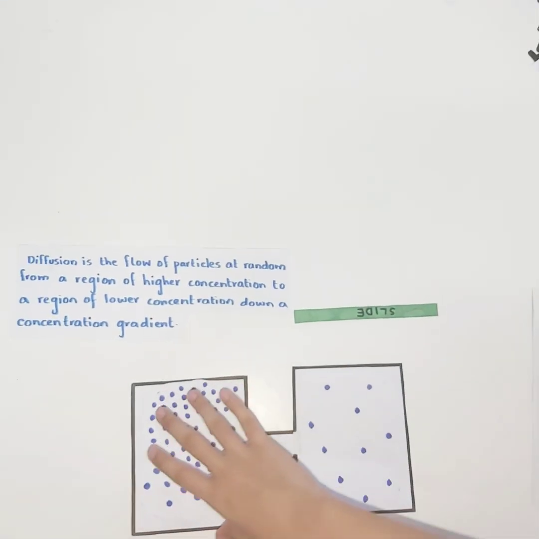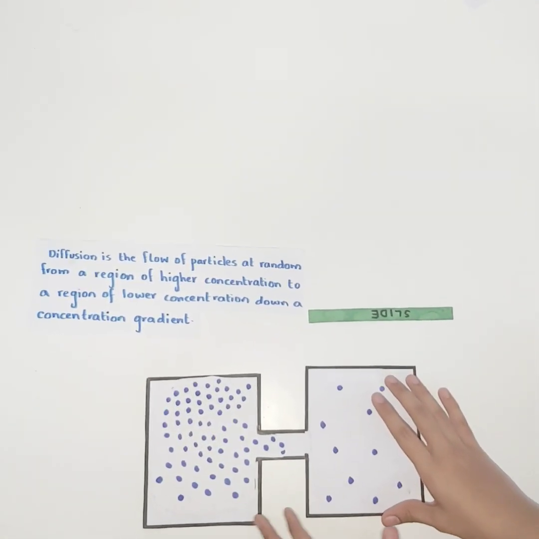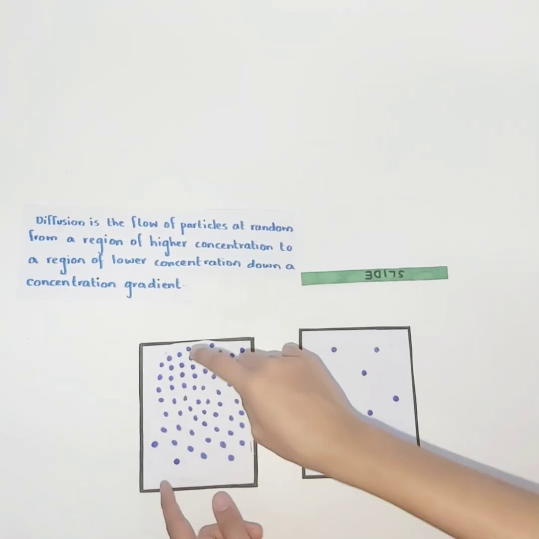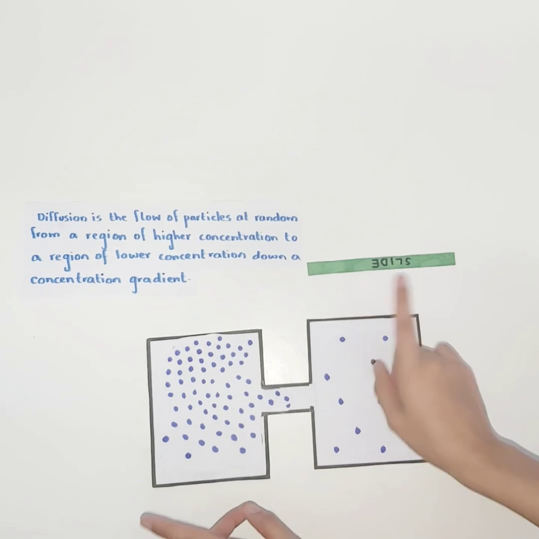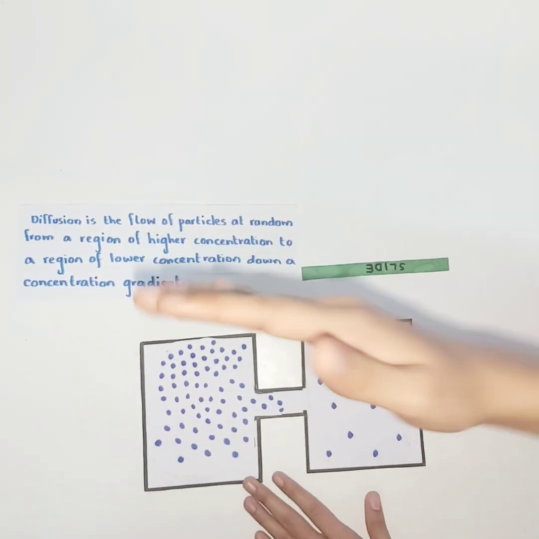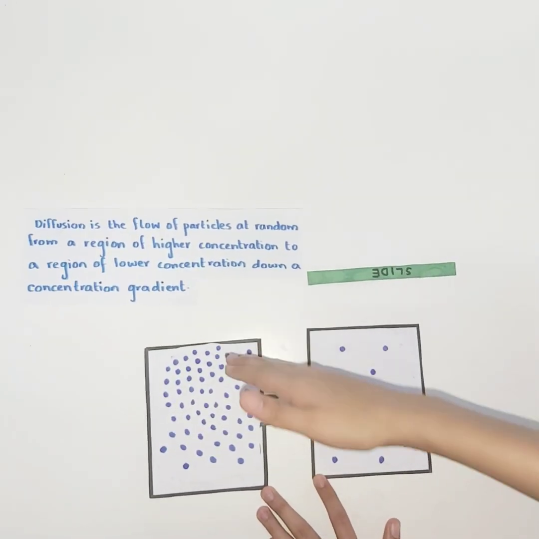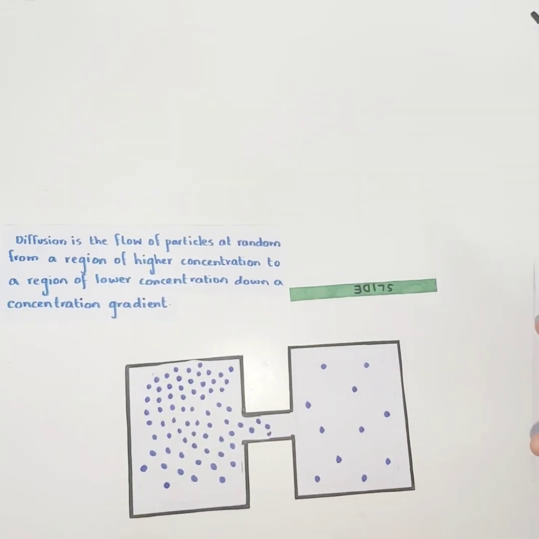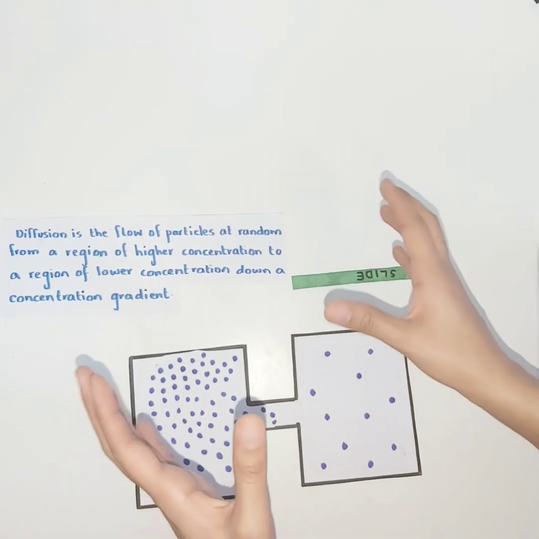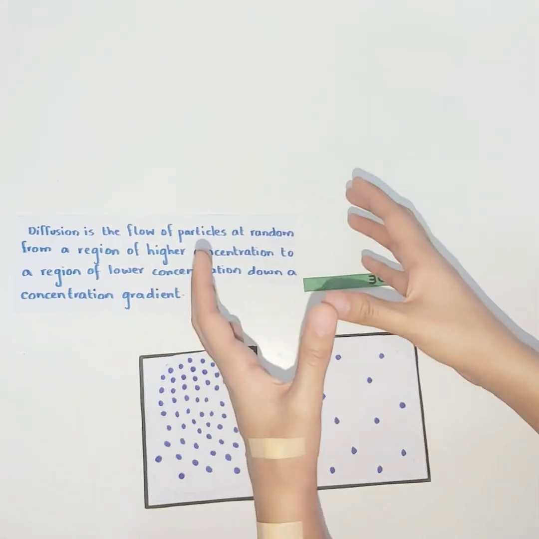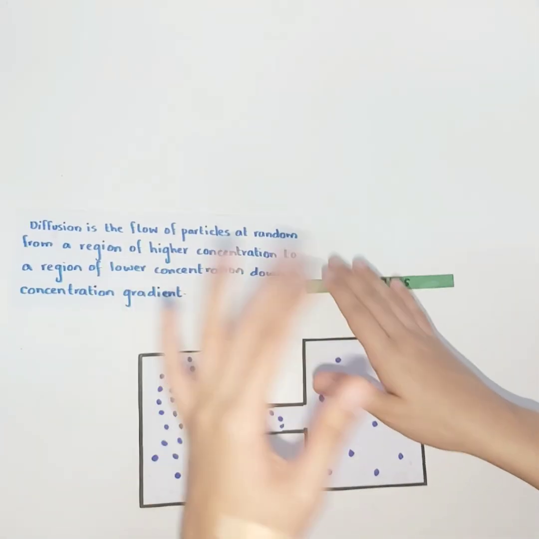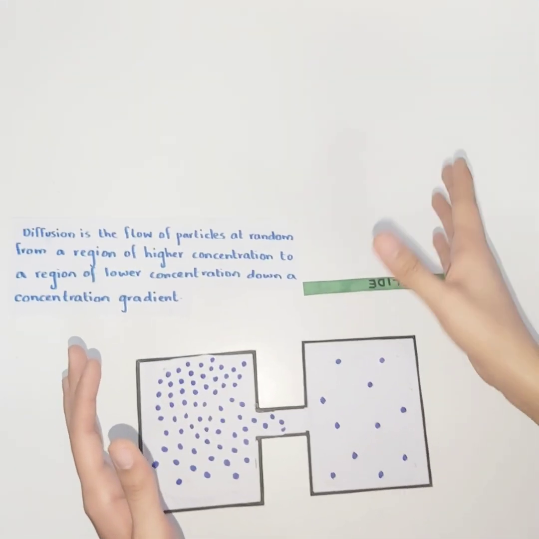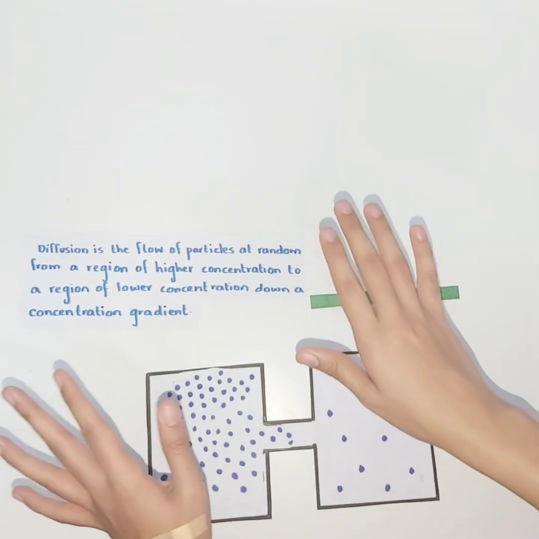And it's not like they're all going to move to the empty room and leave the previous one empty. No, that's not going to happen. They're going to keep moving until the concentration in both the rooms is equal. You're not all going to end up crammed in the new room. Some people are going to prefer the older room, some people are going to prefer the new room, and you're going to spread over evenly.